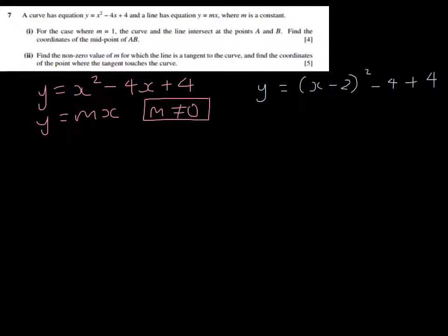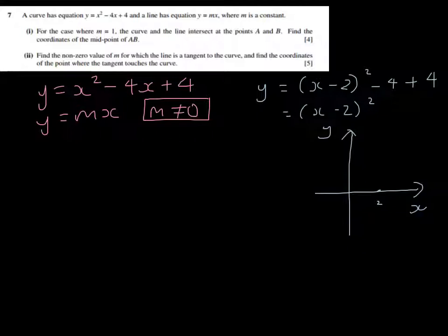So that means it is just (x minus 2) all squared. I want to see this on the coordinate plane. If it's (x minus 2) squared, that means it sits on the axis at 2.